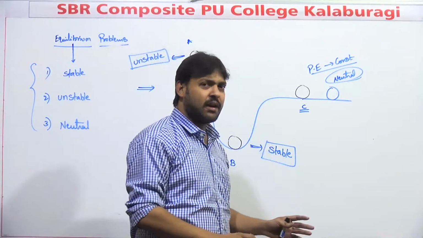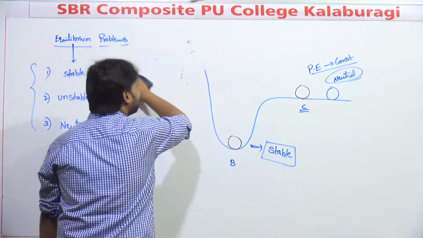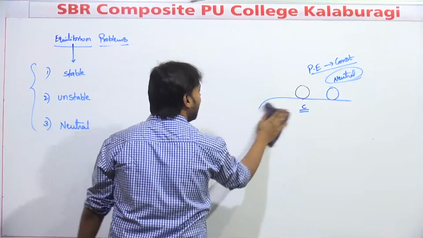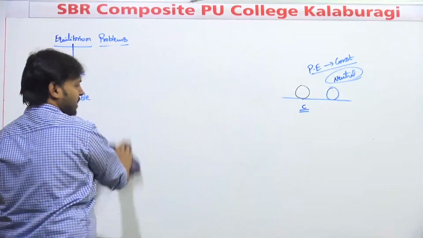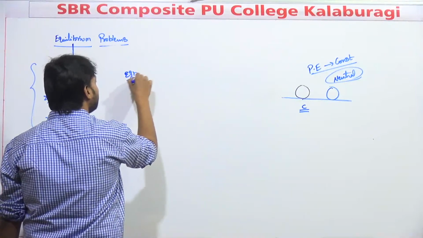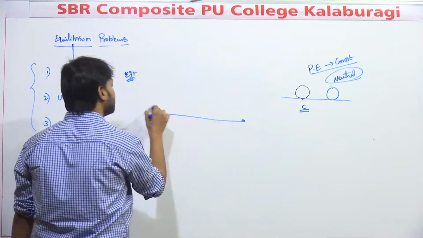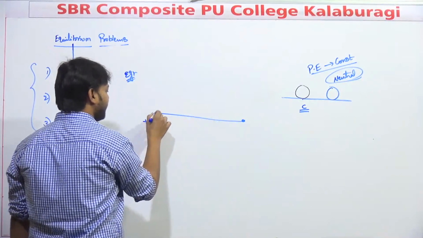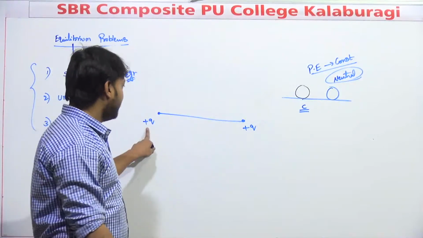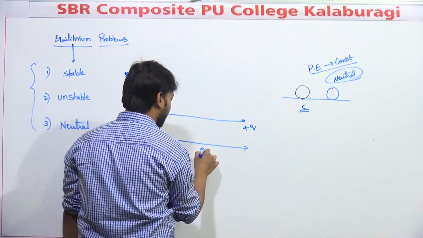Why did I say this topic? It is important for the charges. Now see, the situation will be like this. You have to tell whether that situation comes under stable or unstable or neutral. Take that situation and try to analyze. For example, consider two charges, plus Q and plus Q, separated by some distance called 2L.